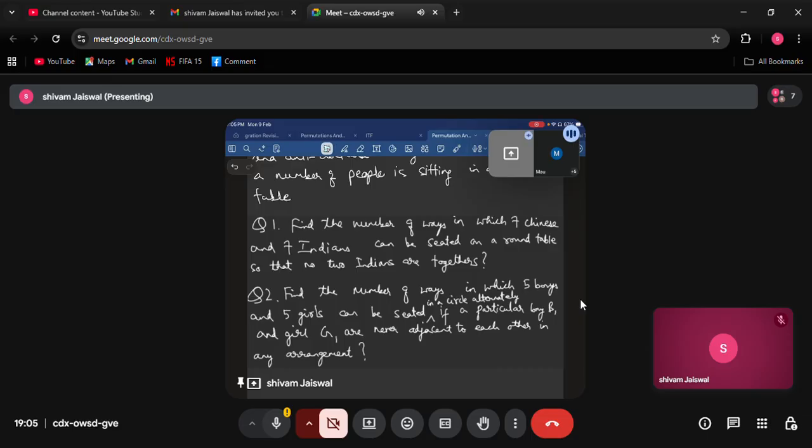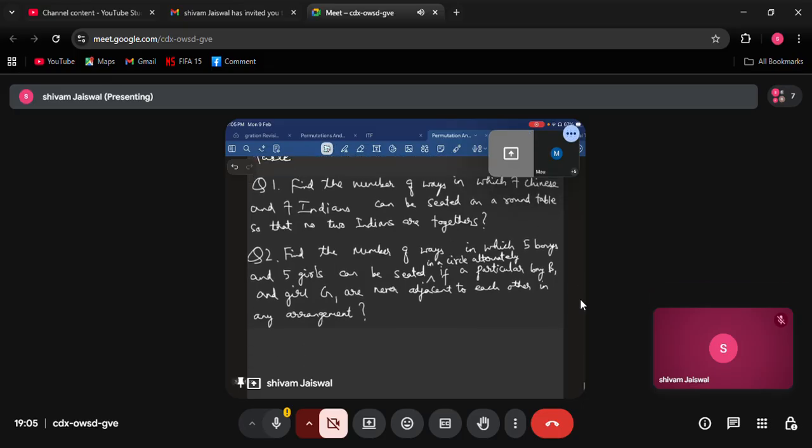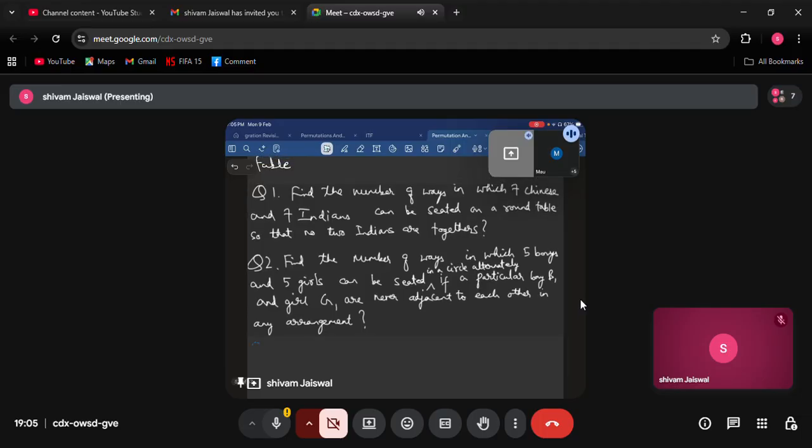So I'm starting with the first one. We need to find out the number of ways in which 7 Chinese and 7 Indians can be seated on a round table so that no two Indians are together. That means between every two Chinese, there should be an Indian, right?